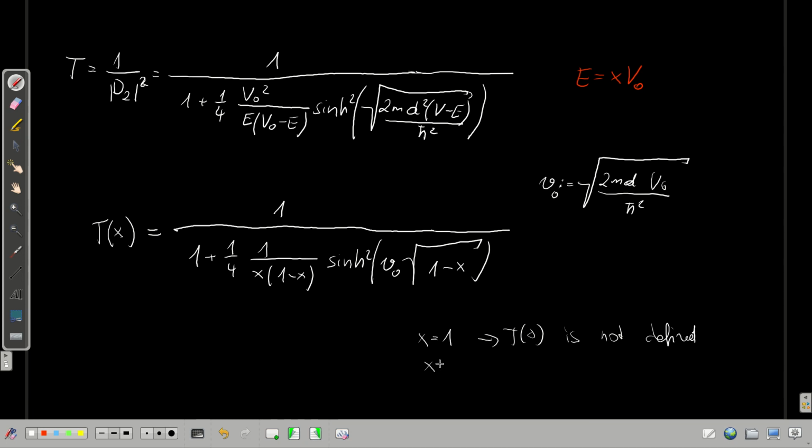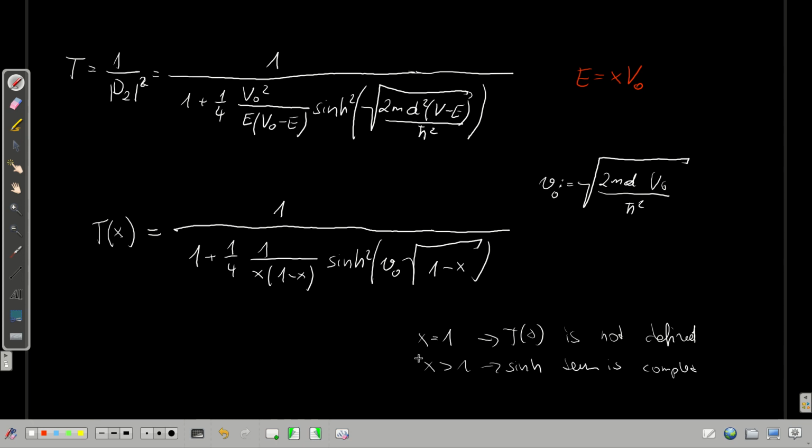And then if x is greater than 1, then this sinh term, or the value of the root here, is complex.